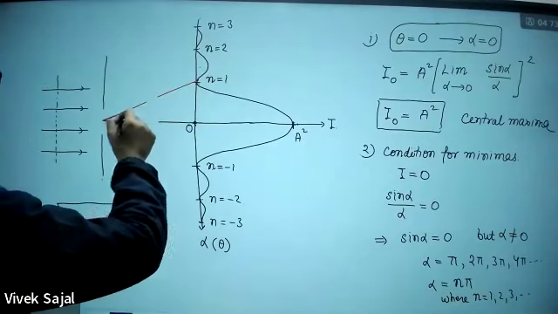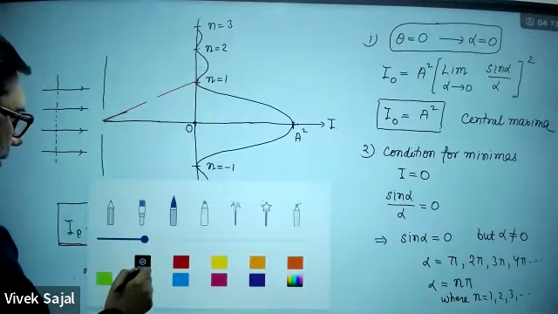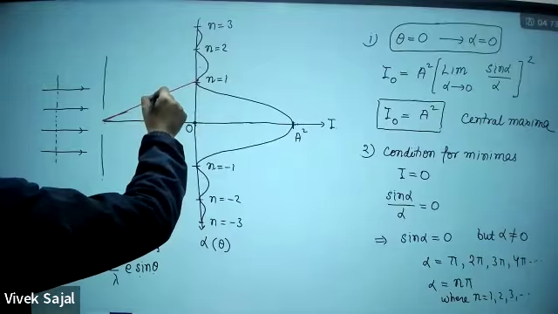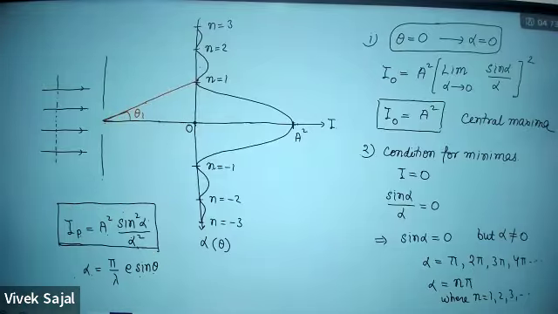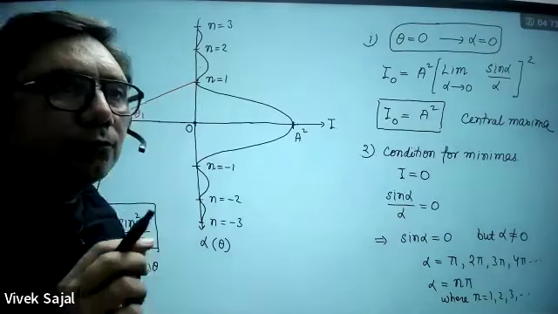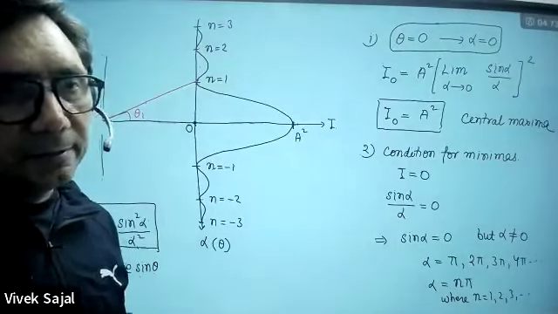You want to find out this angle theta. You are getting this theta 1. So you are getting first minima at theta 1. They can ask you to find out the angular position of the first order minima.